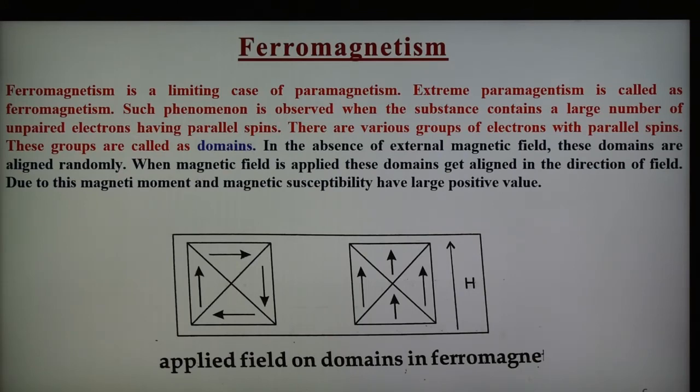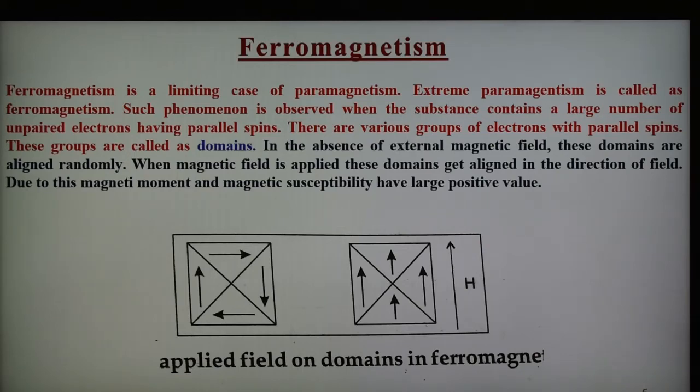So we can say that ferromagnetism is an extreme case of paramagnetism, and these ferromagnetic substances contain a much greater number of unpaired electrons than paramagnetic substances. These substances differ from paramagnetic substances in their temperature dependence.